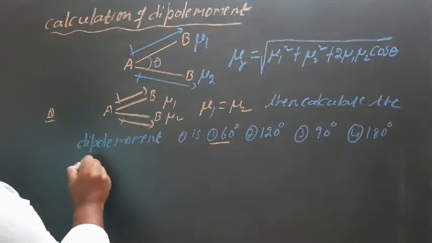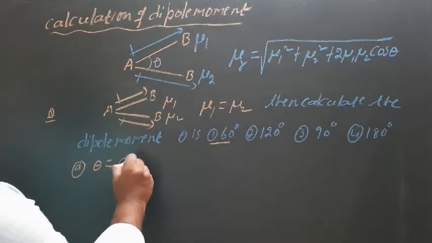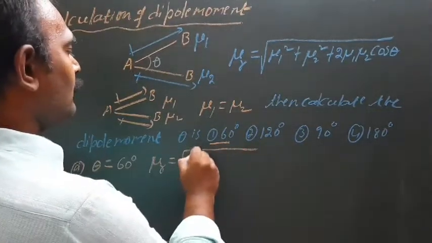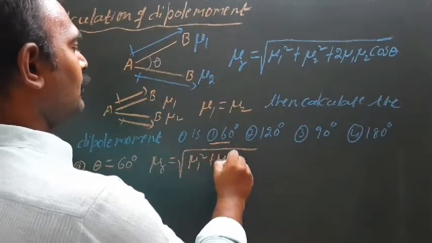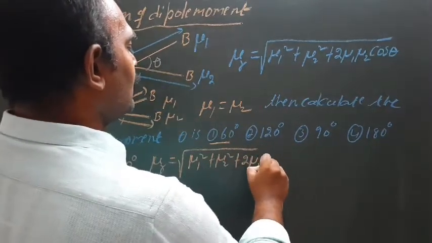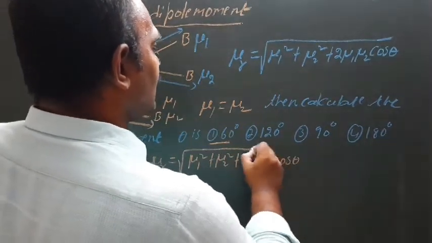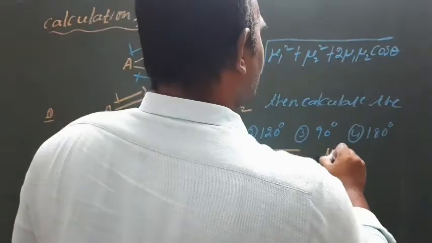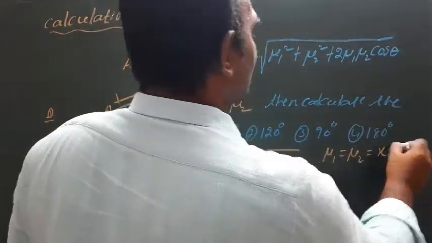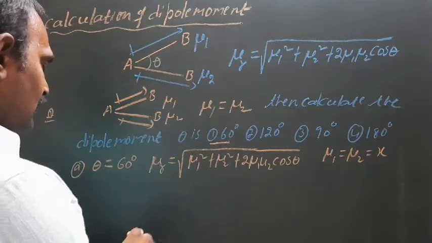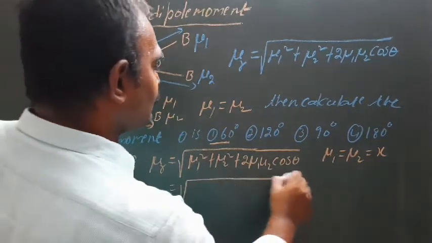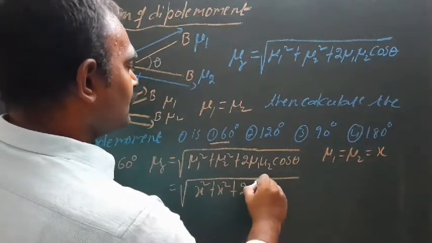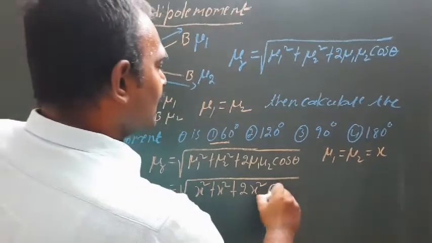First question: the angle between the bonds is 60 degrees. What is the resultant dipole moment formula? Mu r is equal to the square root of mu1 square plus mu2 square plus 2 mu1 mu2 cos theta. Here mu1 is equal to mu2 is given. No value is given, so assume mu1 is equal to mu2 is equal to x. Now we get the square root of x square plus x square plus 2 x square cos 60.